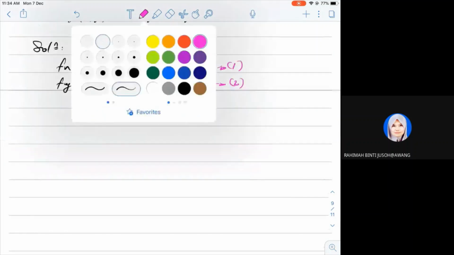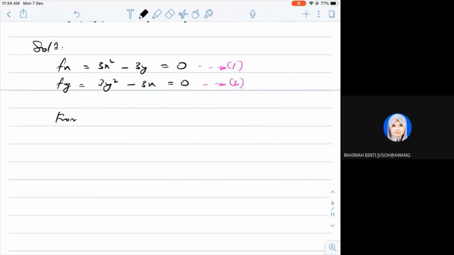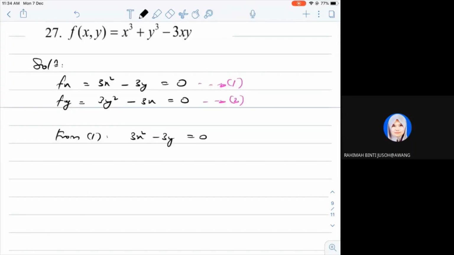Okay, so from equation 1, we have 3x squared minus 3y equals to 0. So we will have 3x squared equals to 3y. Therefore, we know that y equals to x squared.